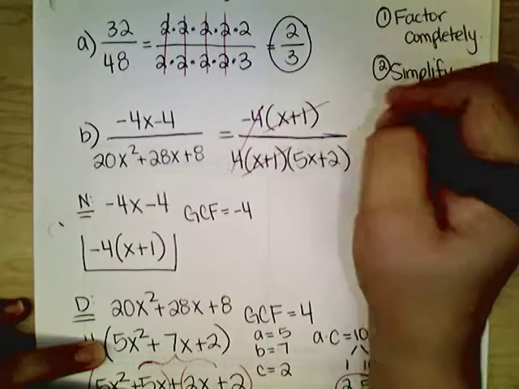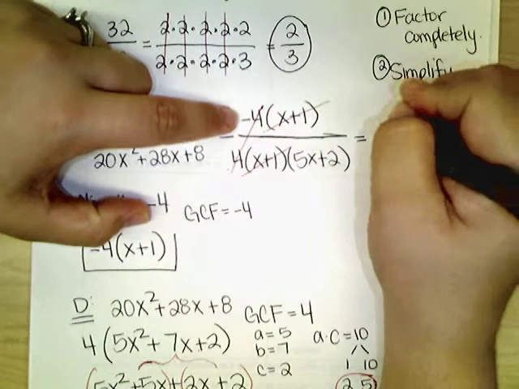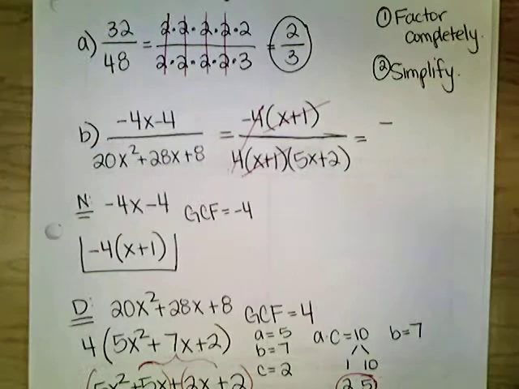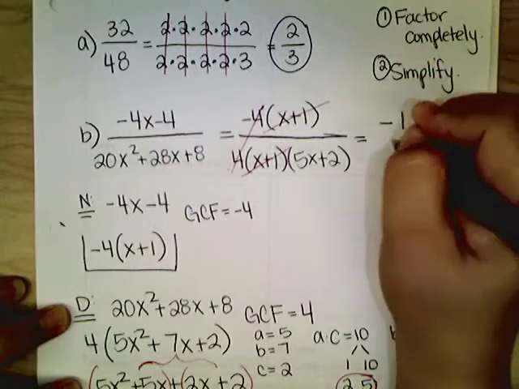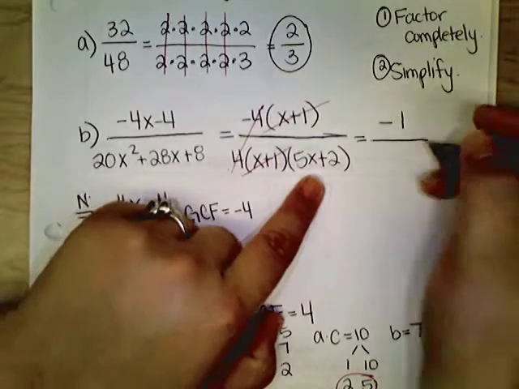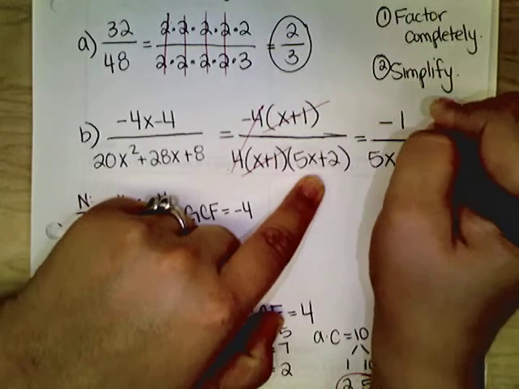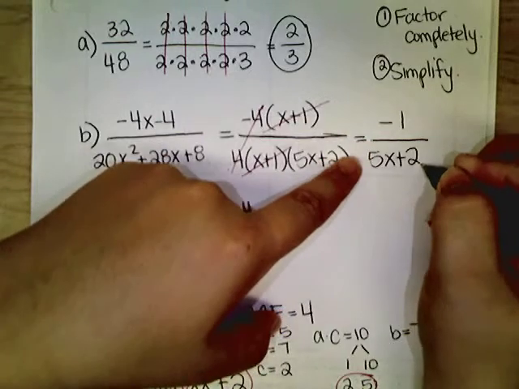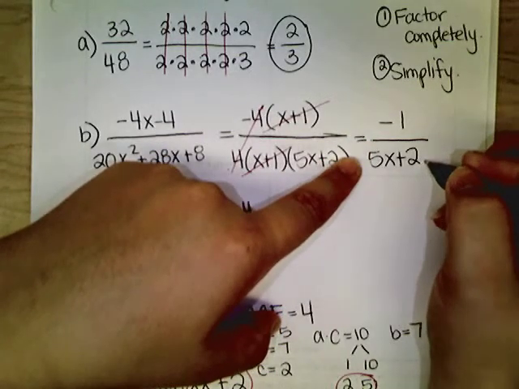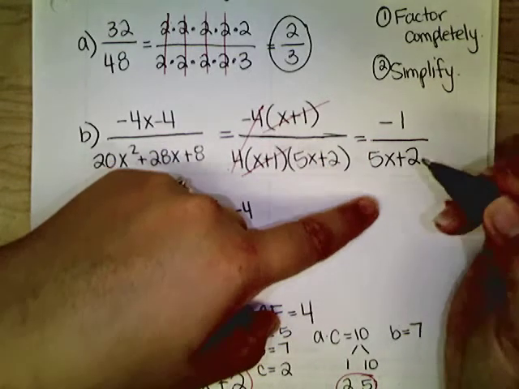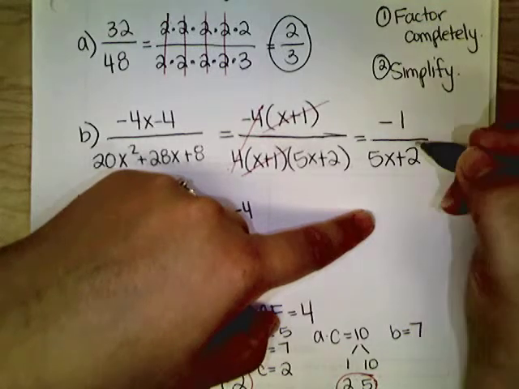So what are we left with in the numerator? The negative. And it can't just be negative nothing, it has to be negative 1. And in the denominator, 5x plus 2. If you want to put parentheses around the 5x plus 2 to remember that it's a factor, you can, but it's not needed because we're now completely simplified.